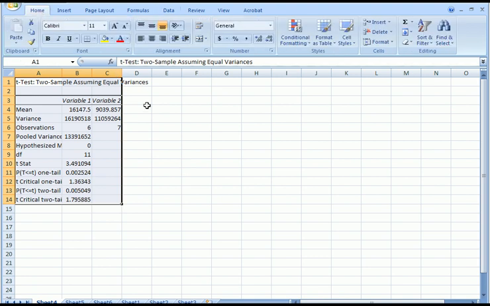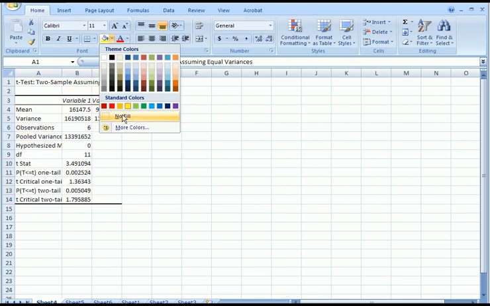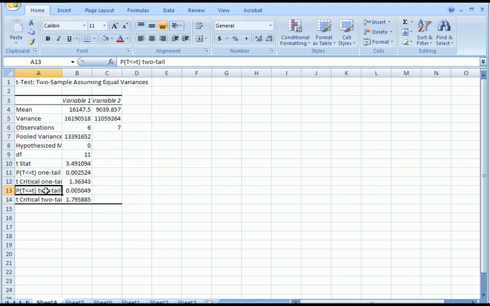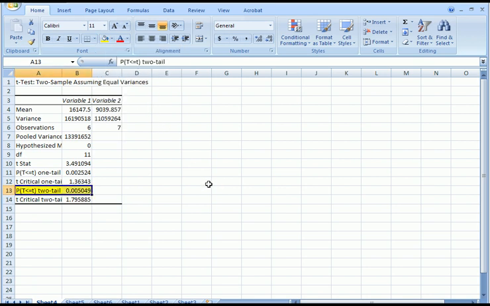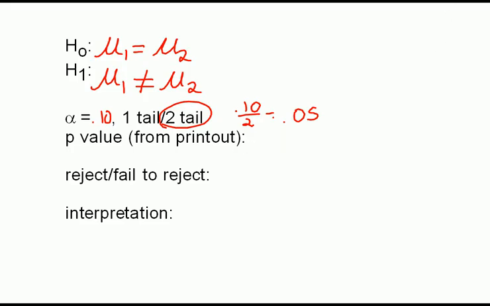For what do I look at? I'm comparing alpha 0.10 divided by 2 for 2 equal halves, 0.05. I'm comparing that to the p-value for my two tails. There it is, 0.005. So I'm going to compare that to 0.005.